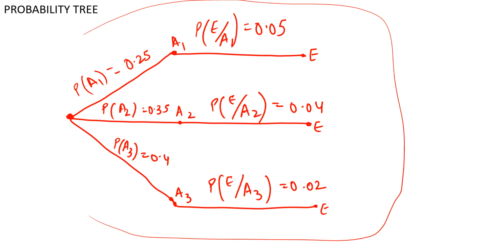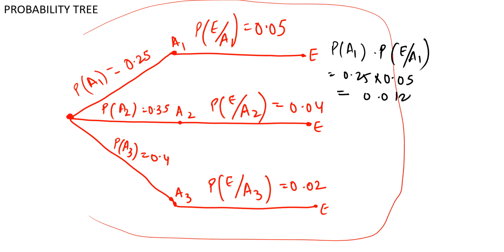Right? Now we have reached here. Now, if I want to find out the probability of reaching this point, how will I find it out? For this, I'll simply find the probability of A1 into the probability of event E given A1, right? And this is simply 0.25 into 0.05, which is equal to 0.0125. Similarly, this is the probability of event A2 into the probability of event E, since we already know event A2 has occurred.